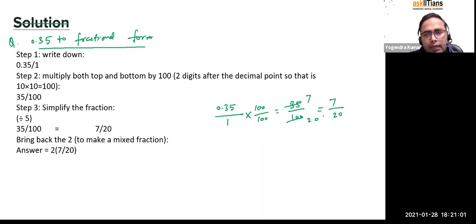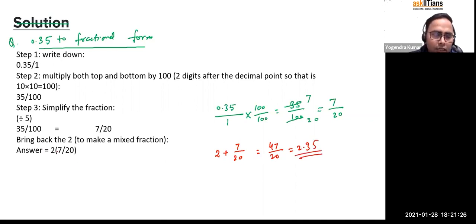If I add 2 plus 7 by 20, what will we get, guys? It will be 47 divided by 20, which is nothing but 2 point, how much? 2.35, right?